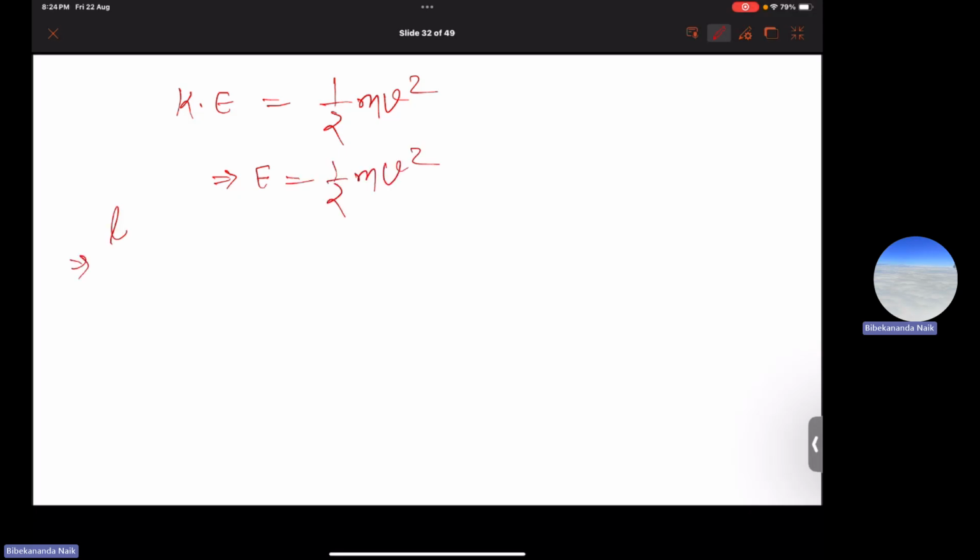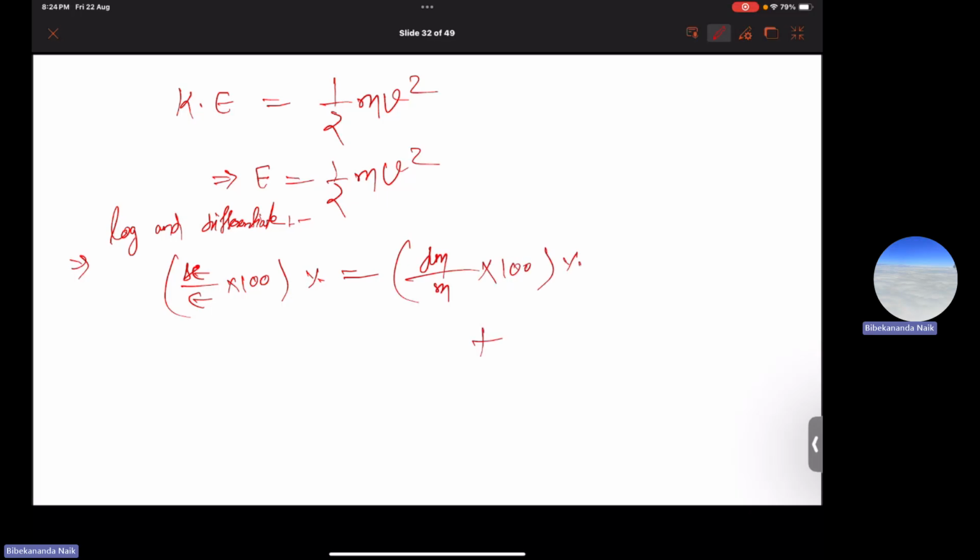So again log and differentiate, delta E by E into 100% will be, so half is constant, it will be dm by m into 100% plus 2 dv by v into 100%.